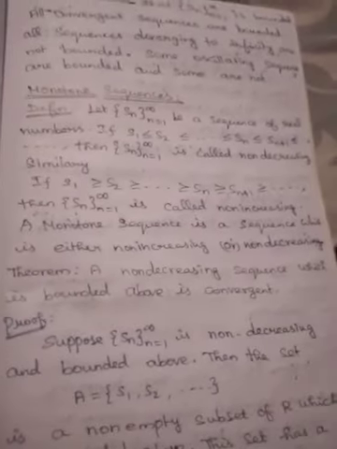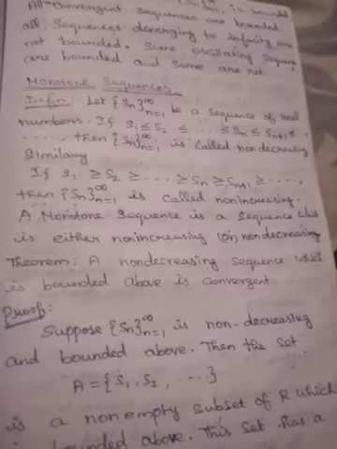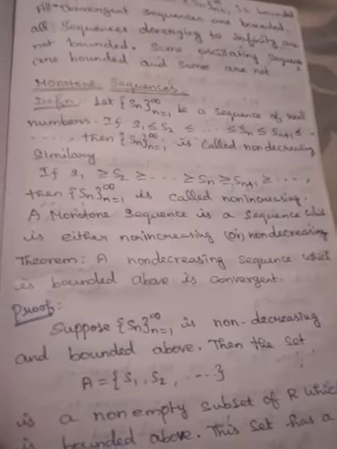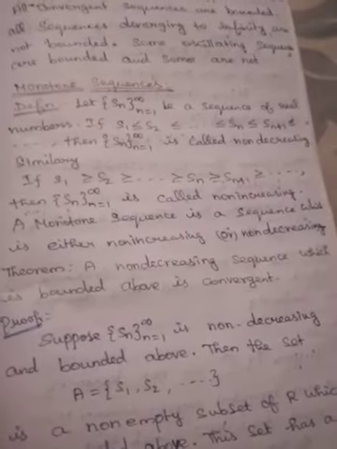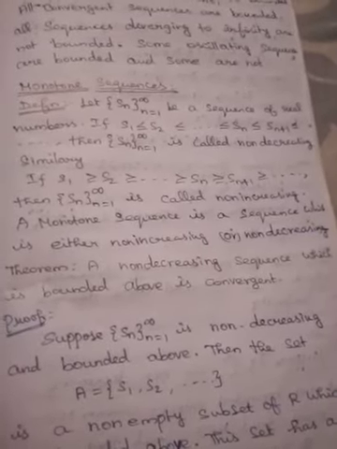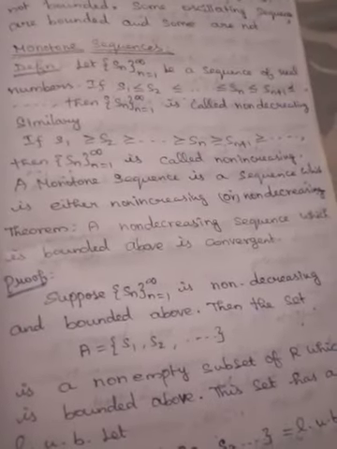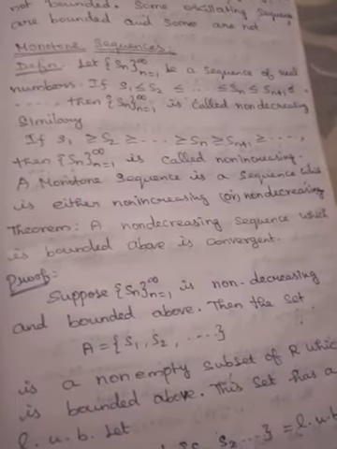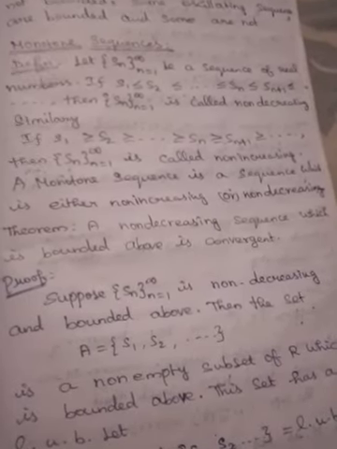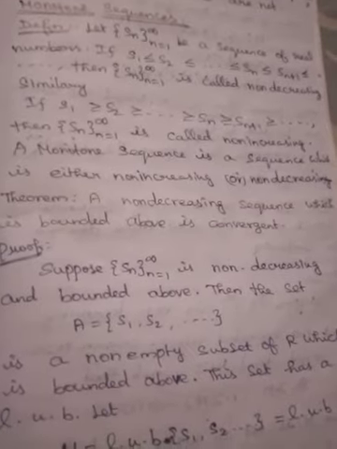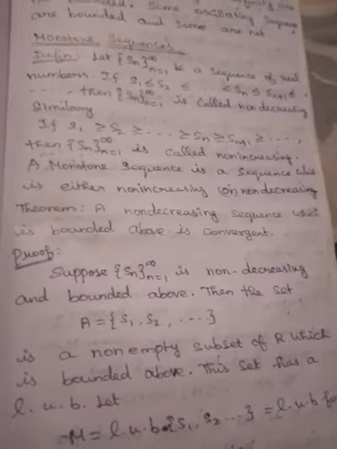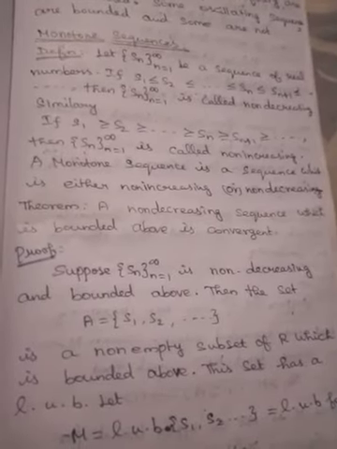Next we have to prove a theorem. This is an important theorem. The theorem: a non-decreasing sequence which is bounded above is convergent. Proof: suppose {Sn}, n equal to 1 to infinity, is non-decreasing and bounded above, then the set A equal to {S1, S2, etc.} is a non-empty subset of R which is bounded above.